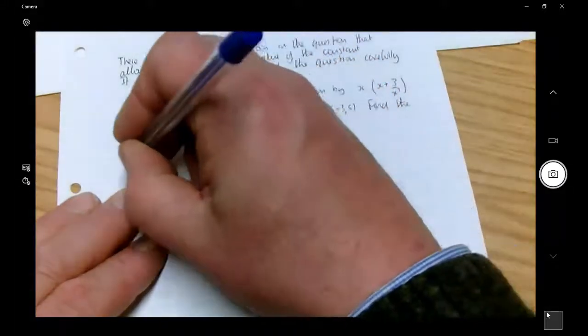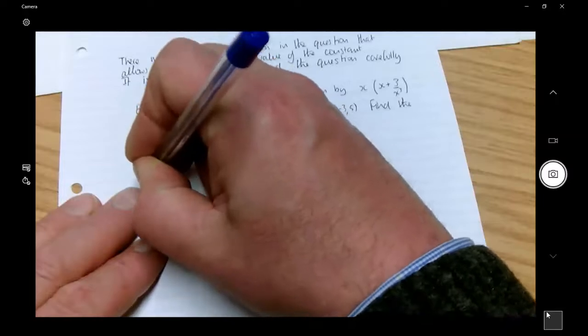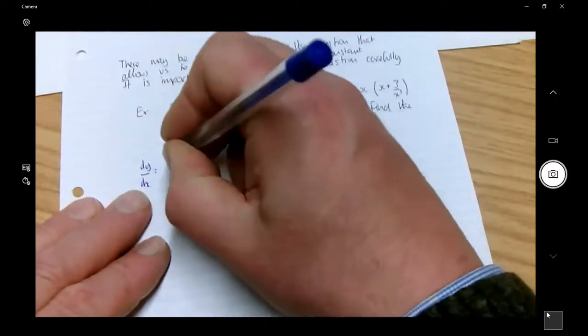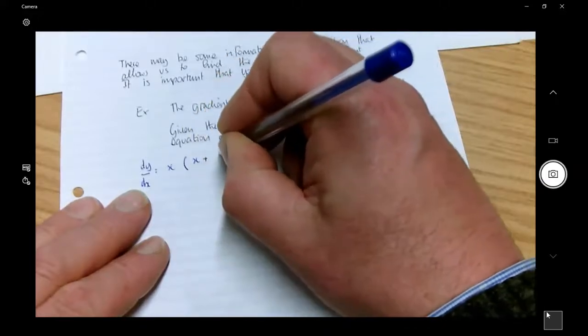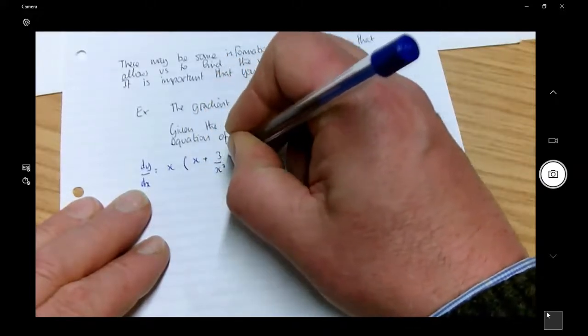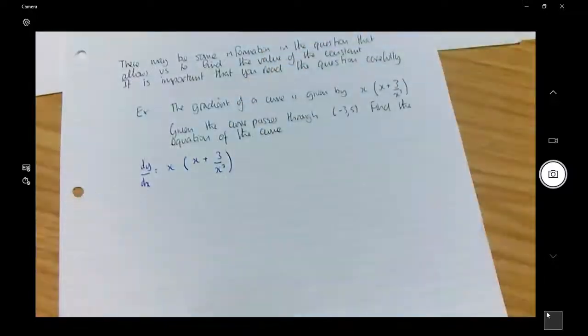What are you given? dy by dx equals x brackets x plus 3 over x cubed. And actually, simply writing that down we feel we've made a start to the question. We've got pen on paper, you've made a start.